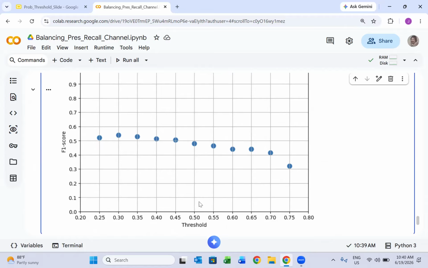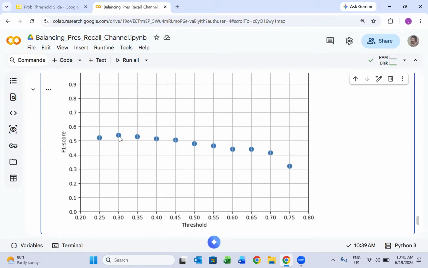Okay. Now, in this specific case, we can see that the highest value of the F1 score happens right there, and that will be for threshold 0.3. So in this problem, threshold 0.3 is giving us the most reasonable compromise between precision and recall. Okay, so for this specific data set, for this algorithm, logistic regression, 0.3 gives us the best compromise between precision and recall. And we know that because 0.3 gives us the highest F1 score.